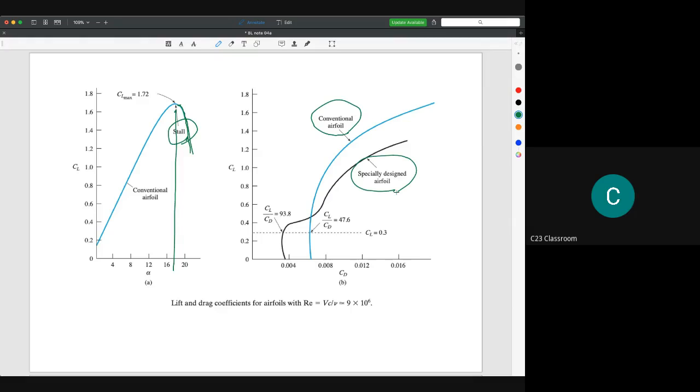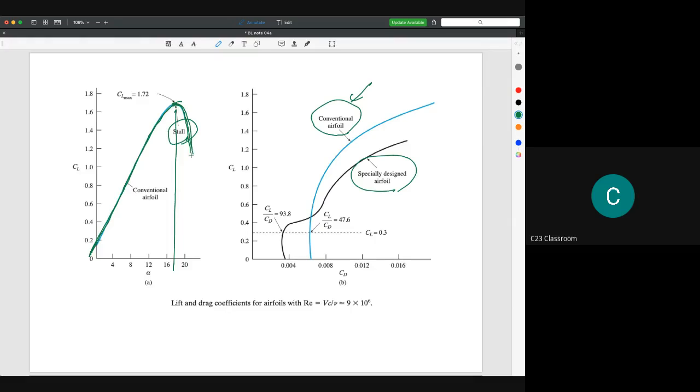Normally we are focusing on the conventional airfoil. This is the conventional airfoil, and it seems that up to certain points, the C_L and the angle of attack increase quite linearly like this, but after a certain angle, the lift force will drop immediately.